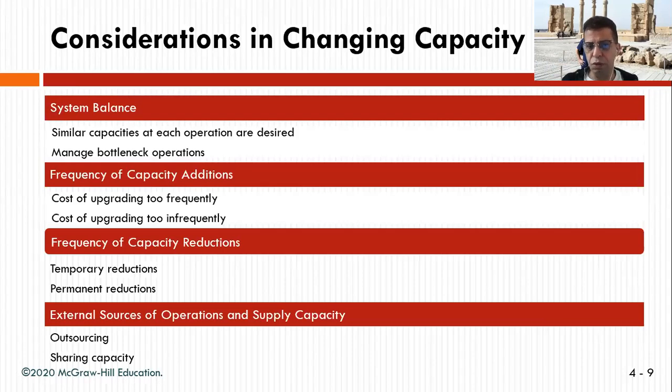The last option that we look at is the external source of operation and supply capacity. Sometimes you run into a higher demand that you're not expecting, and you have no option but to outsource it. For example, lots of manufacturing, like Dell, does that.